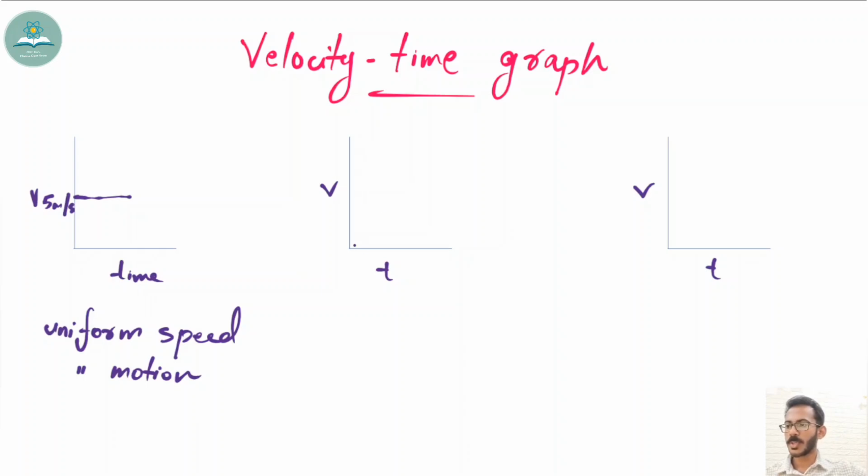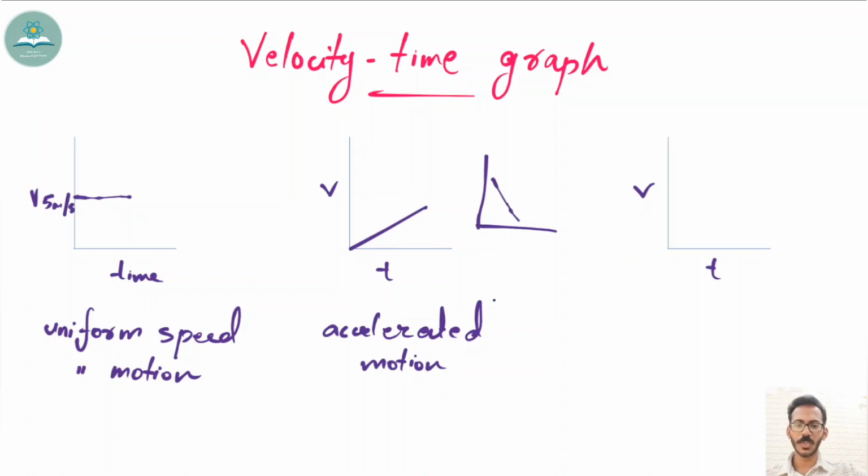Now, suppose your graph is a straight line like this. Then when the time is increasing, velocity is also increasing, which means the speed is keeping on increasing. It means the object is accelerated, or you can call this motion accelerated motion. This accelerated motion can also be called uniform acceleration because the acceleration is happening uniformly. You can see in the graph it's a straight line. Same way, if your graph is like this, it is the opposite of acceleration.